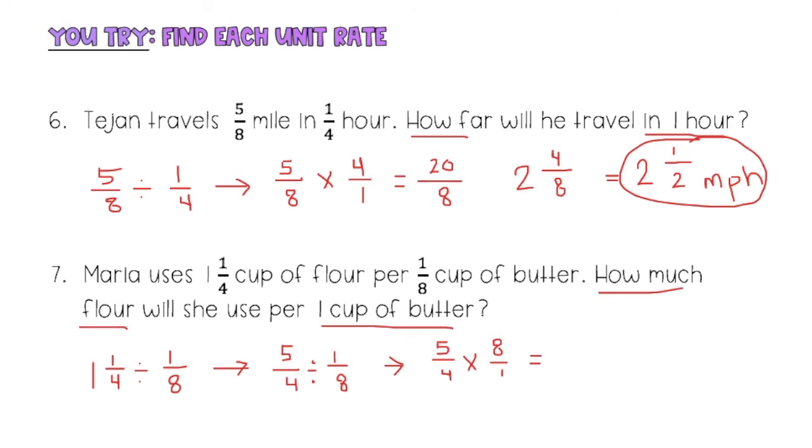I'm going to multiply straight across. So 5 times 8 is 40, and 4 times 1 is 4. This is an improper fraction, so I can divide to simplify. 40 divided by 4 is 10, and I need to label my work.